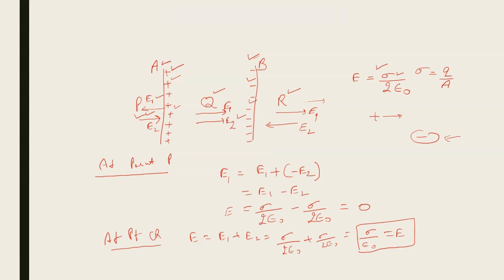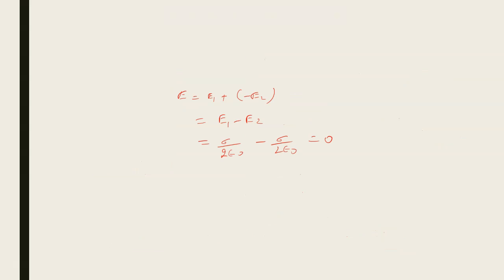Suppose this is EP, this is EQ, and this is ER. So the total electric field will be EP plus EQ plus ER, equals 0 plus sigma by epsilon naught plus 0, so equals sigma by epsilon naught.